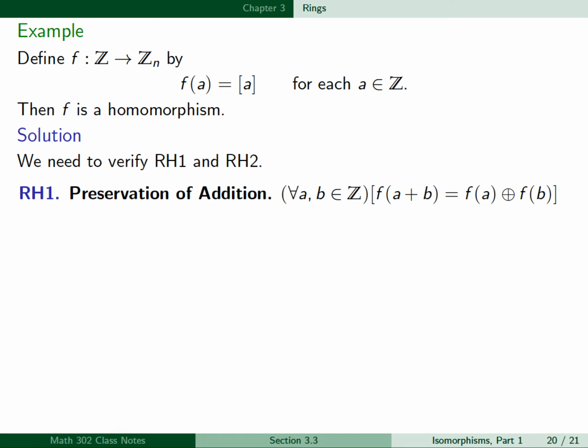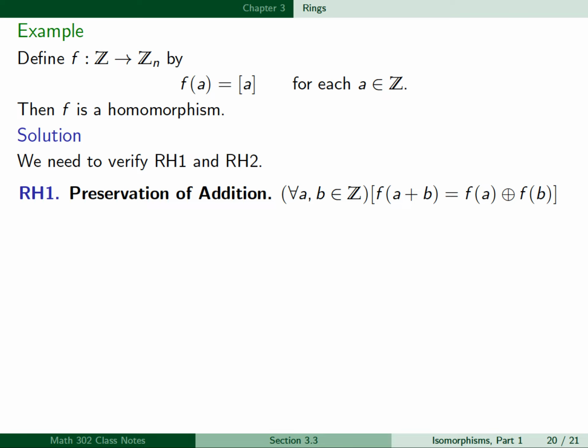So Rh1, preservation of addition, will have the form: for all a, b in Z, f(a + b) is equal to f(a) circle plus f(b). Now, a and b are going to be integers, so on the left-hand side, the plus between a and b is just ordinary integer addition.